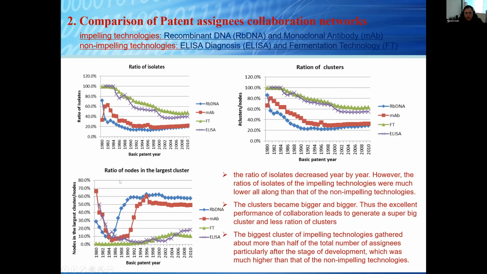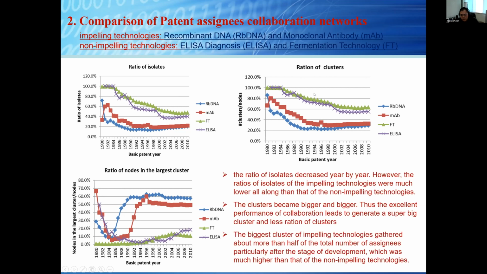The patent underneath network helps us understand university or institution collaboration. As for the clusters, the cluster ratio of impelling technology is also lower, but we have to tell you that one isolated node is also calculated as a cluster.